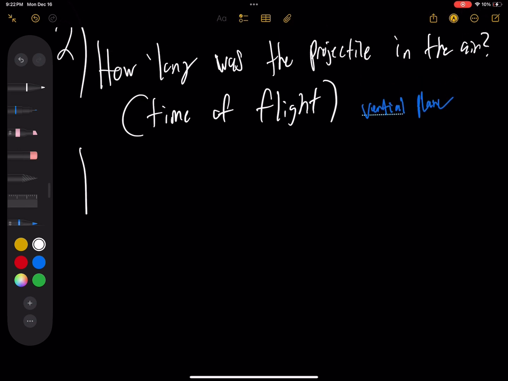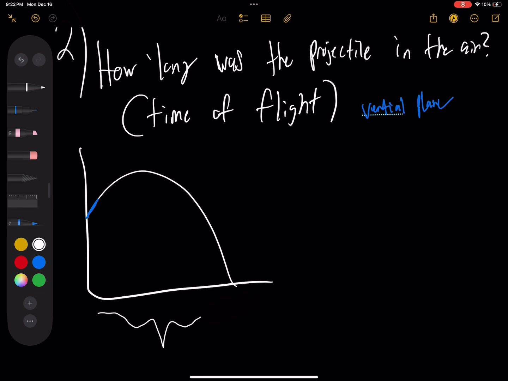Another graph, something here, and then in this example here, actually, no, I'll do the example in a second. This is going to be time, right? We're looking for how long it's in the air, so I'm just going to add this here and I'll explain this in a second.